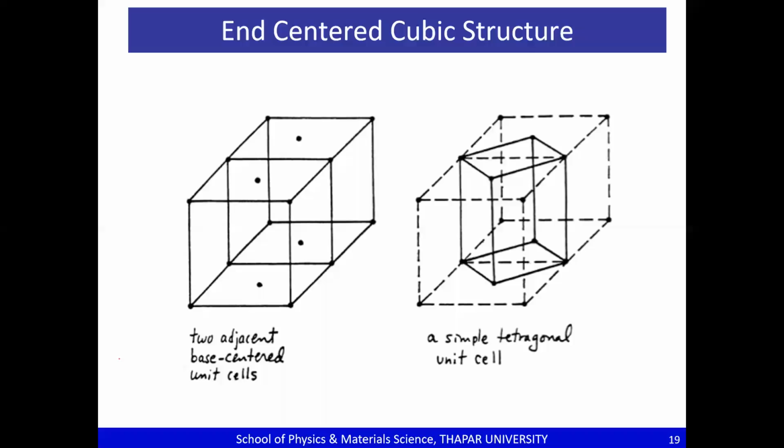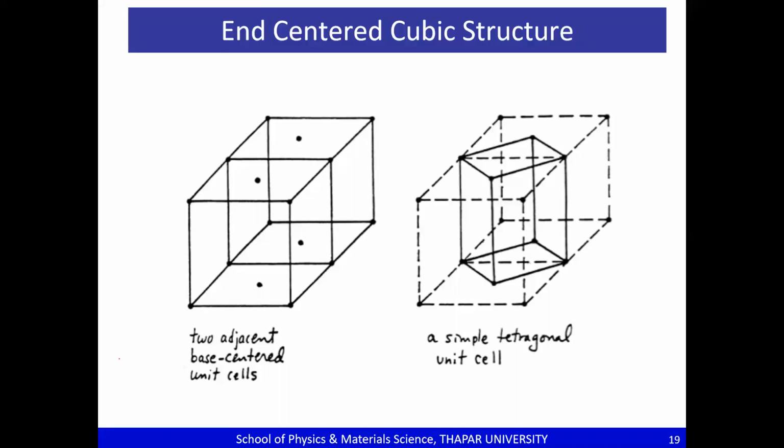That is why we have listed it as the simple tetragonal unit cell and not the end-centered cubic unit cell. So likewise, wherever two different geometries make an identical system, we will consider as the Bravais lattice only the one which contains fewer lattice points.